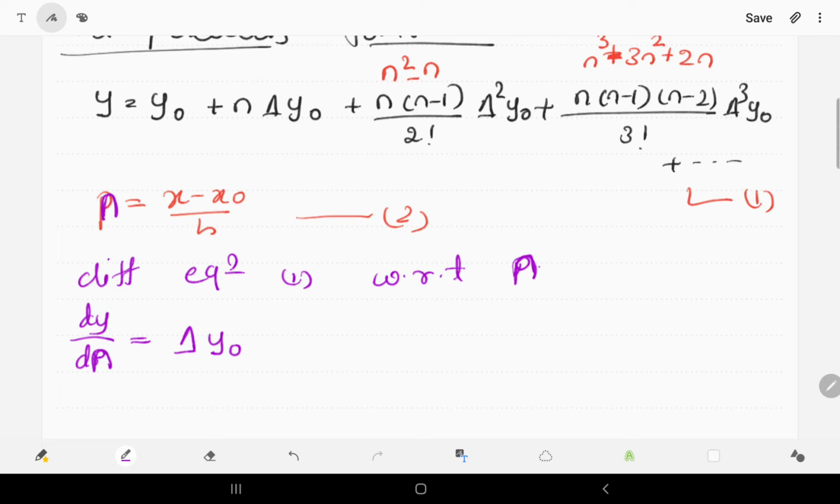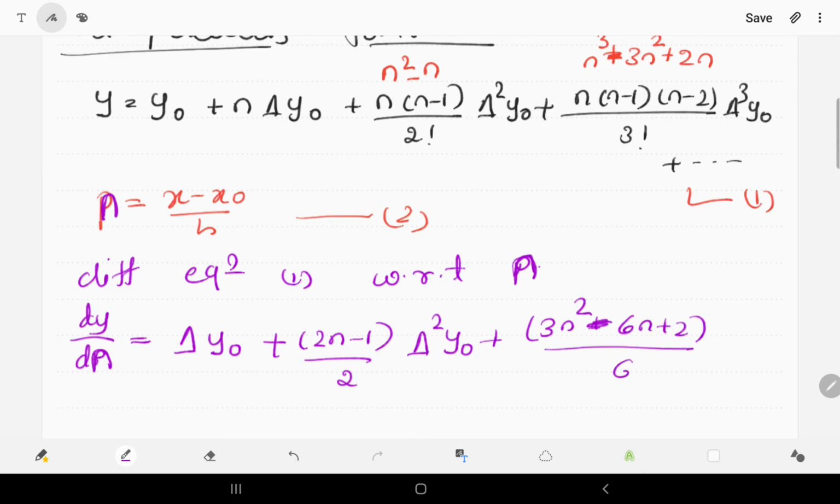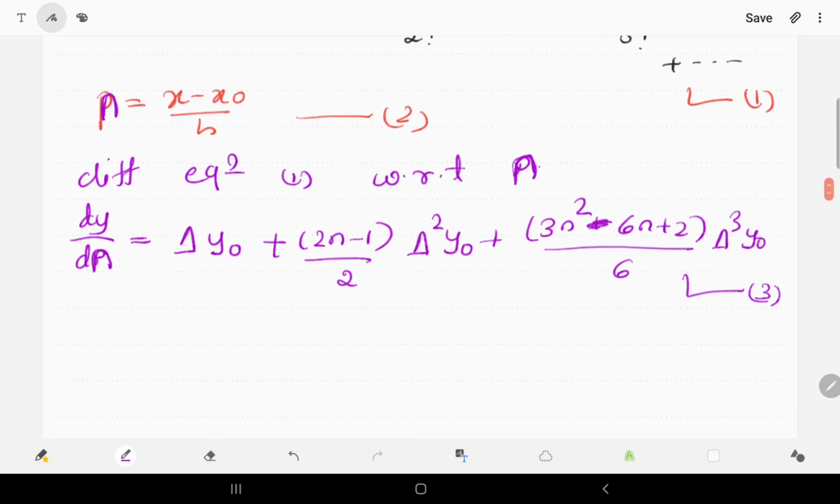Differentiation of p square minus p is 2p minus 1 by 2 delta square y naught, and this is 3p square minus 6p plus 2 by 6 delta cube y naught. Call this as 3.